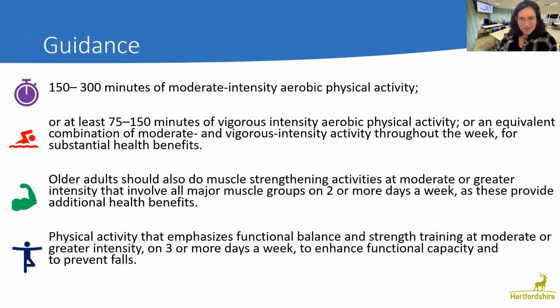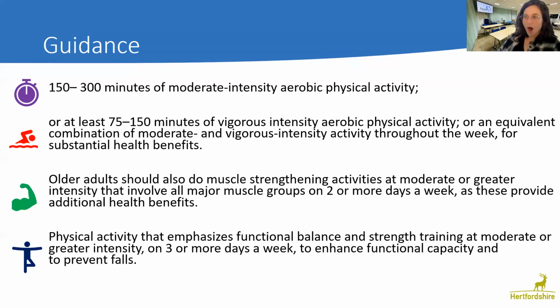So the guidance, it refers to this guidance in the guidelines. We should be aiming towards 150 to 300 minutes of moderate intensity. If possible, it's not always possible, but if somebody can be more vigorous with their intensity, then that should also be part of their routine. Moderate is anything that gets your heart rate lifted slightly.